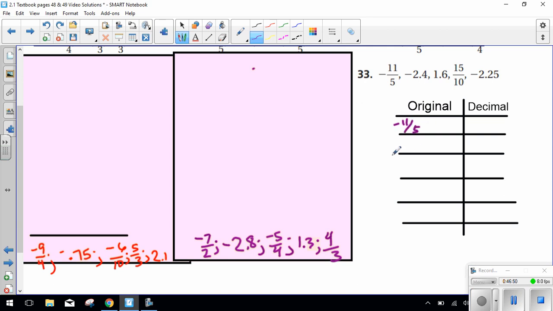Okay, so copy your original numbers down. Okay, next we're going to convert everything into decimals. I'm just going to put the zeros in now to kind of save that step later.